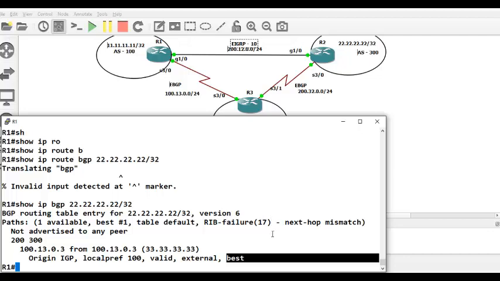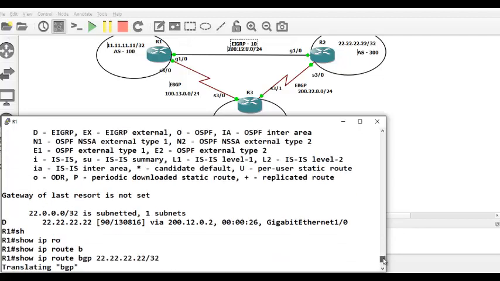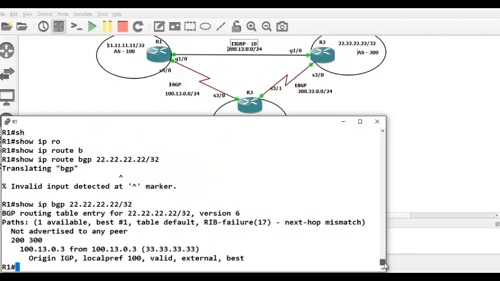I want to show you that it will change the administrative distance to 200. But this output is not showing it. It is because of the administrative distance. You know very well, the default administrative distance is 20 for EBGP and EIGRP is 90. If you see EIGRP 90 in the routing table, it means the administrative distance of BGP is something bigger than 90 for this network now. Actually, it will change it to 200.